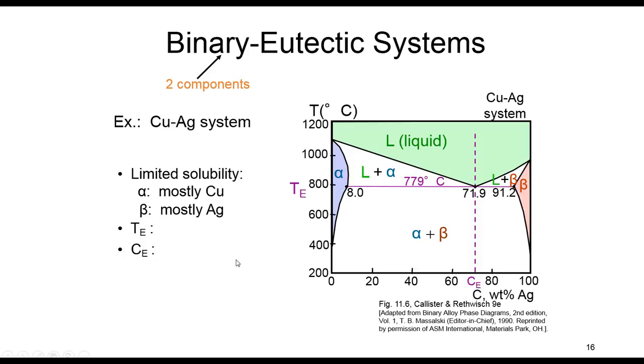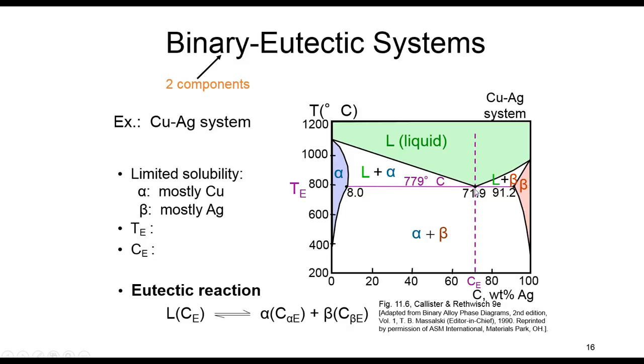The eutectic reaction is when we go from the liquid down along CE, or eutectic composition. As shown here, we have liquid at composition CE.